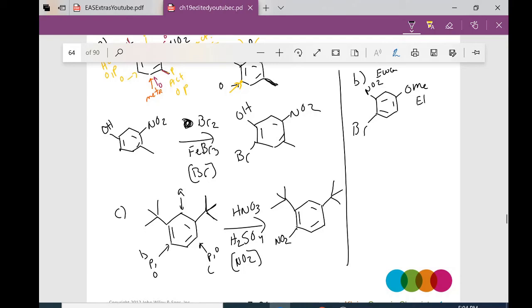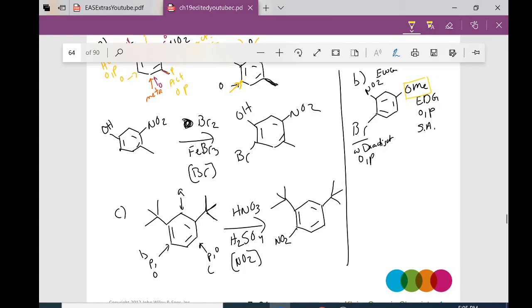We have an electron donating group that's going to be an ortho para director, and this is a strong activator. Okay, then we have a bromine that is a weak deactivator, but also an ortho para director. So the one that's going to determine where everything goes is this one right here.